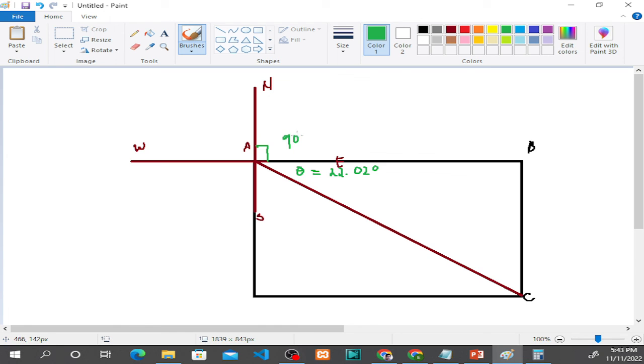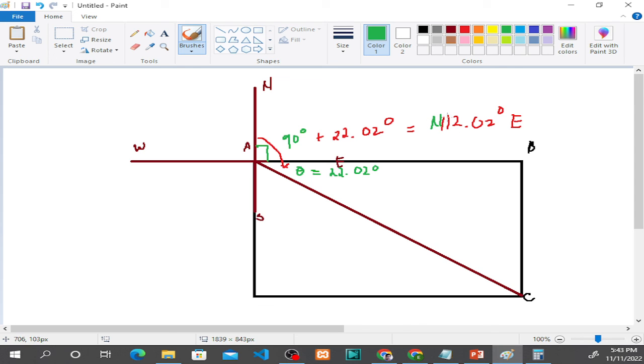So 90 degrees plus this angle, plus 22.02 degrees, and that's gonna be 112.02 degrees, and that's going eastward from north.